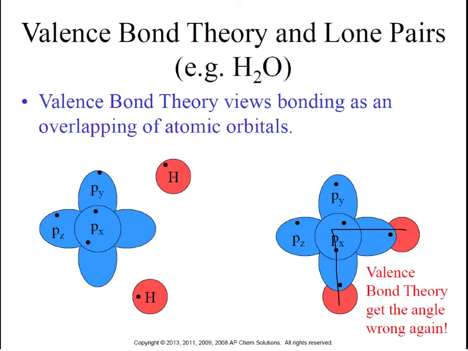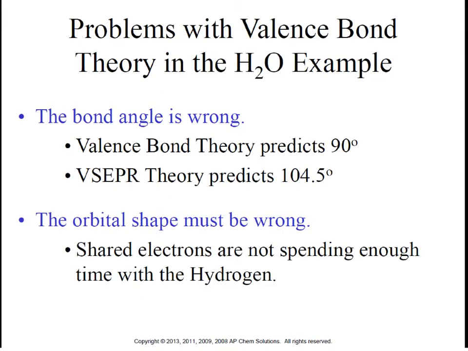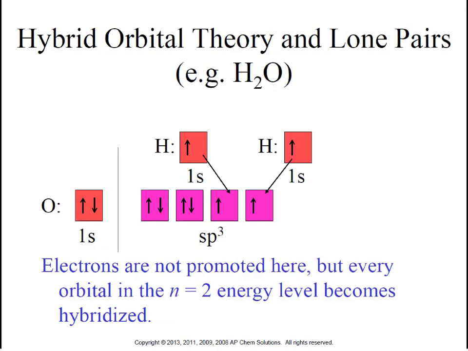But that's okay, because we have the hybrid orbital theory. Here's just what we were saying before, why it doesn't make sense for water to use the valence bond theory. So instead, it creates an sp3 hybridized orbital, not to create more room for electrons. There's always room to share electrons, oxygen had 2 places already, but instead it was to relieve the strain.